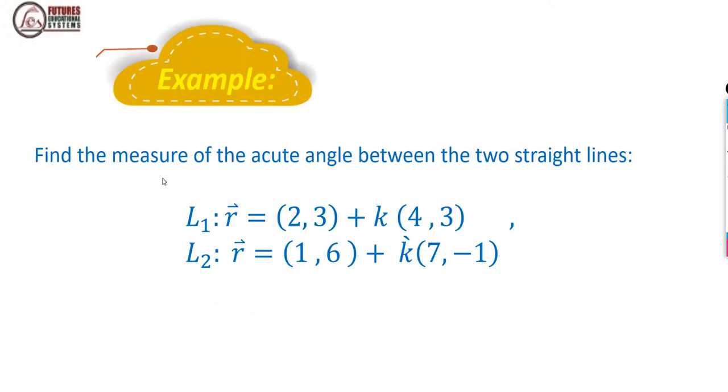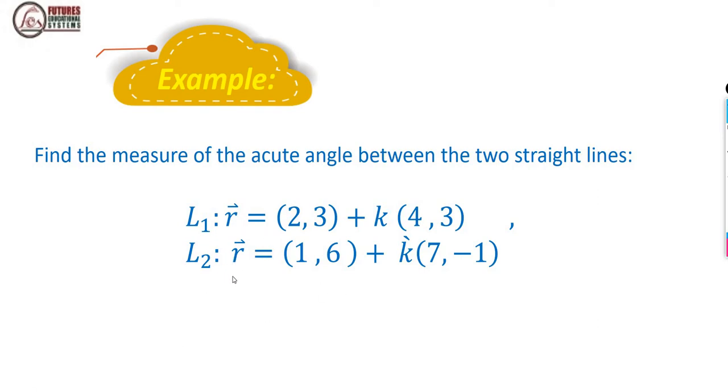The second example: find the measure of the acute angle between two straight lines. L1 vector equation: r equals (2, 3) plus k (4, 3). This is the point lying on the straight line, (2, 3), k is a constant, and (4, 3) is a direction vector.